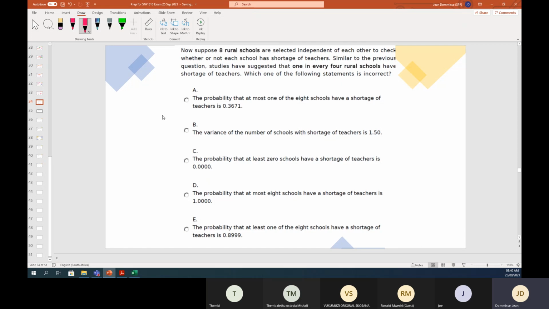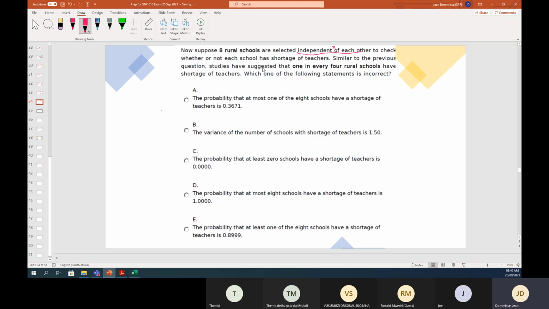So let's first read this. Now suppose 8 rural schools, so we're probably using the same information still, but they need to tell us. Now suppose 8 rural schools are selected independent from each other.